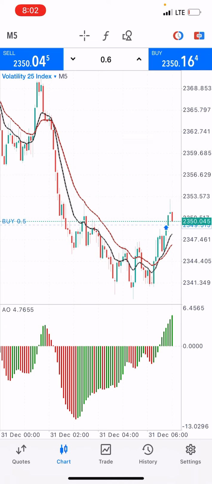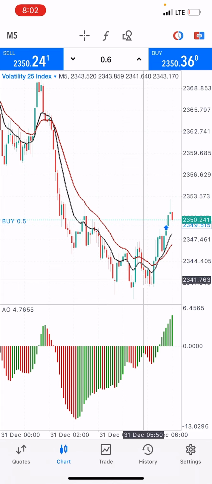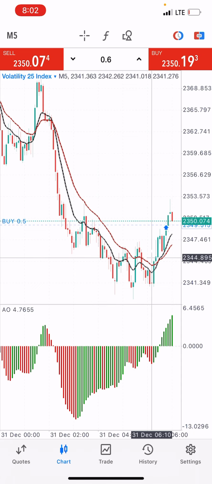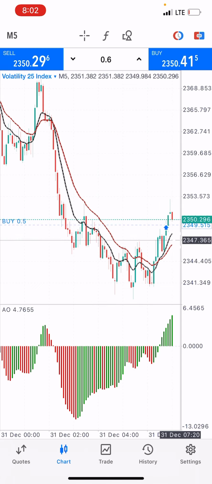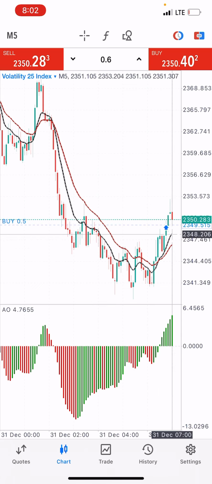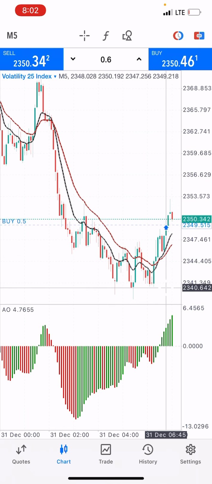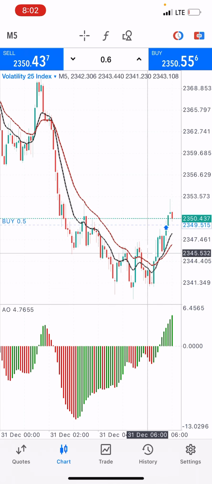When do you place a buy using this strategy? You place a buy when the black moving average crosses above the red moving average. That's not the only condition you need for a buy.